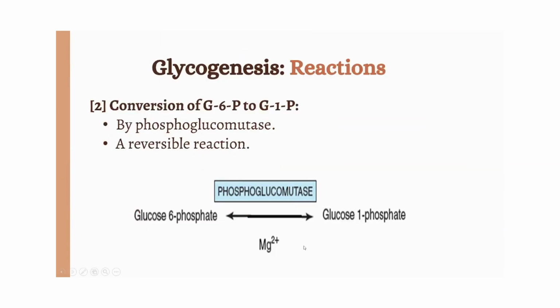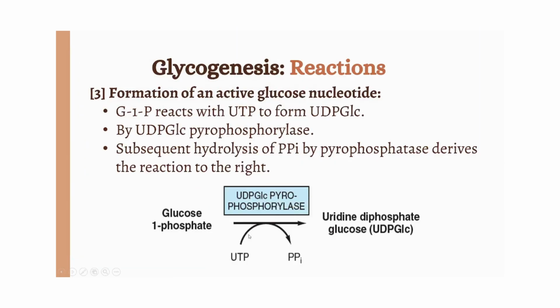In the second reaction, glucose 6-phosphate is converted to glucose 1-phosphate by phosphoglucomutase. And as you can see, this reaction is reversible. In the third reaction, the glucose 1-phosphate is converted to the active form of glucose, uridine diphosphate glucose, UDP glucose, by the action of UDP glucose pyrophosphorylase.